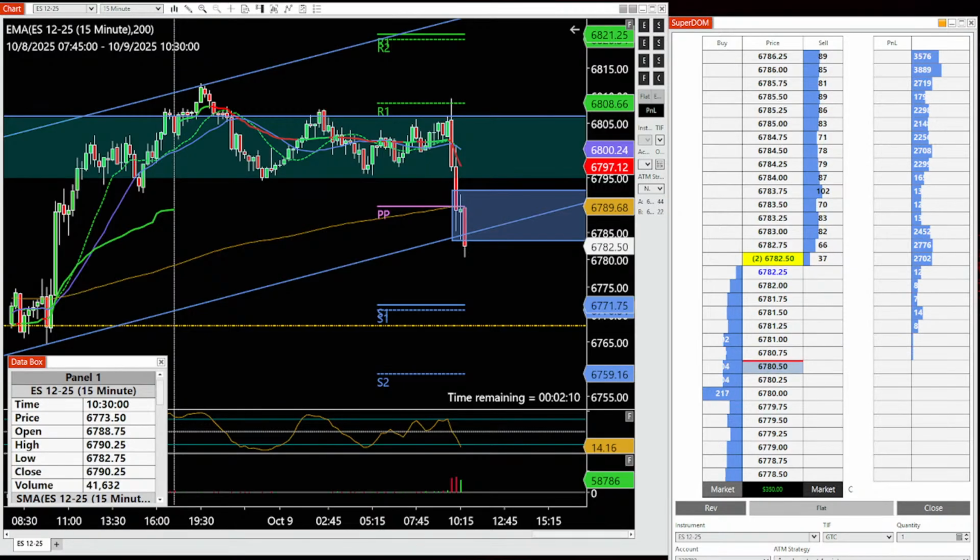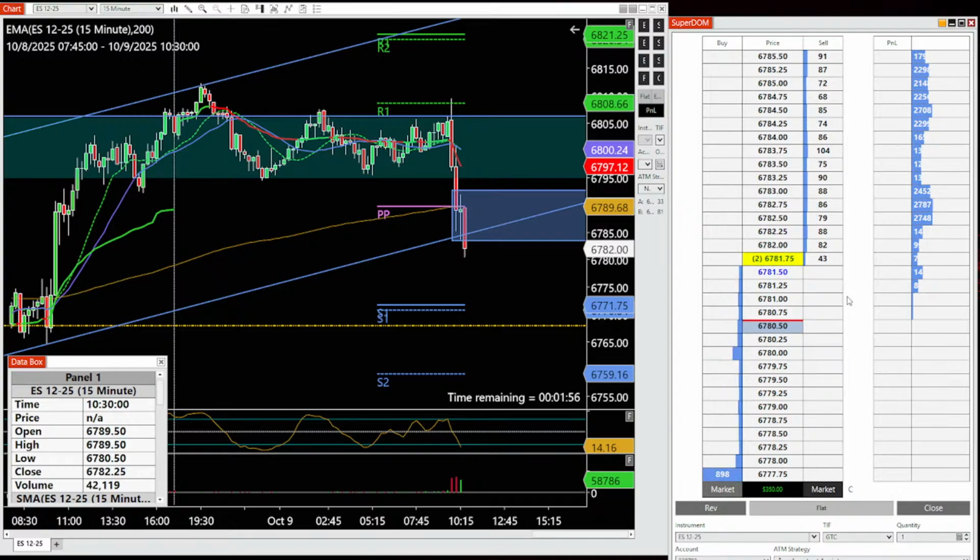Three minutes to the next 15-minute bar, and more like 2 minutes to the next 30-minute bar.